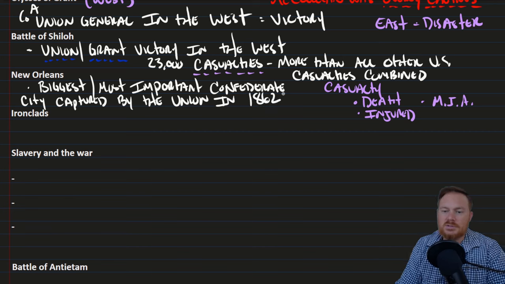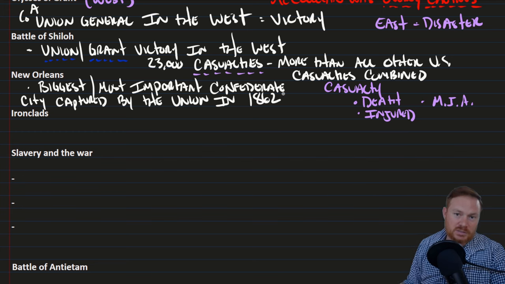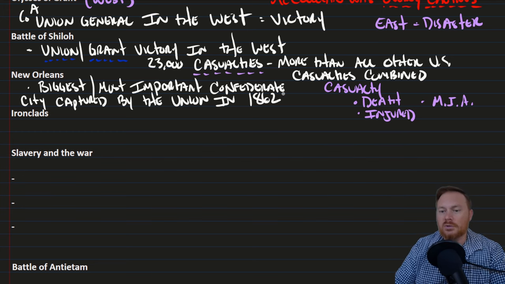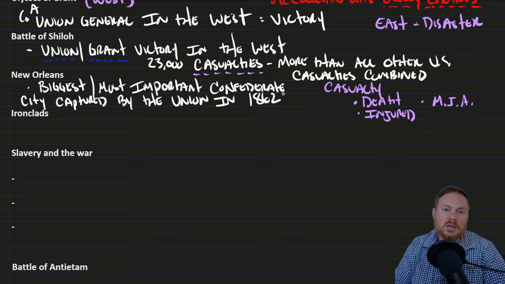All right, so New Orleans, it was the city at the mouth of the Mississippi River, so anything coming out of the Mississippi has to go through New Orleans. It was captured early on by the North, and this is what the North expected as far as the war. They expected to be able to take control of some of these cities pretty quickly.